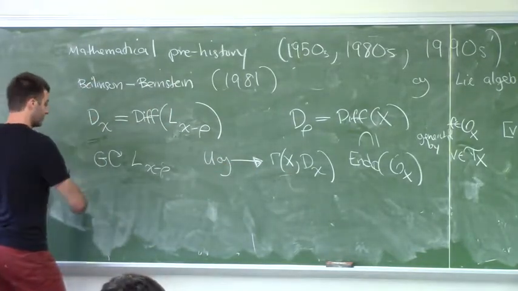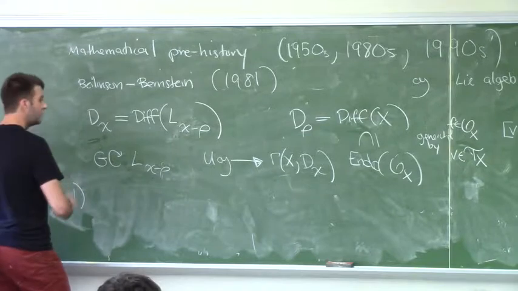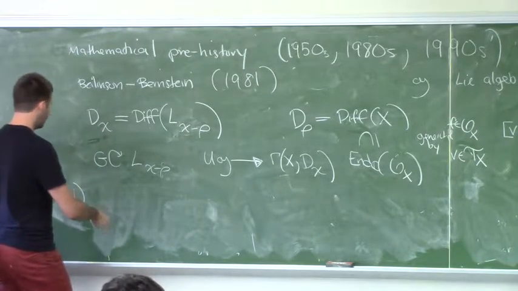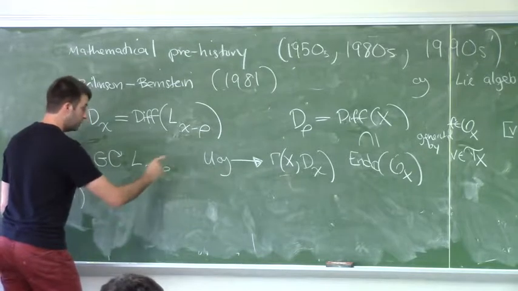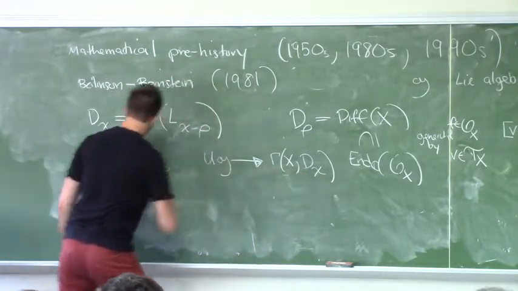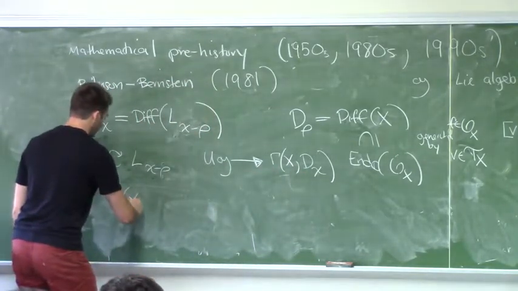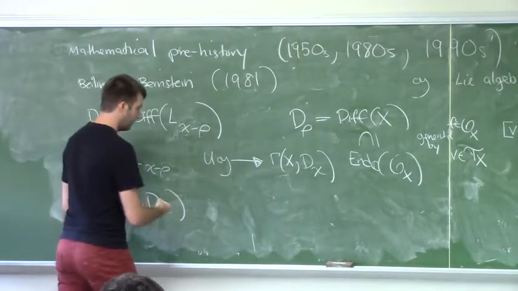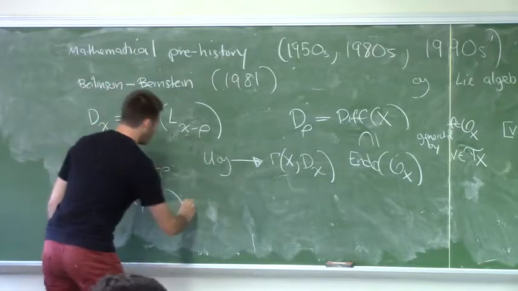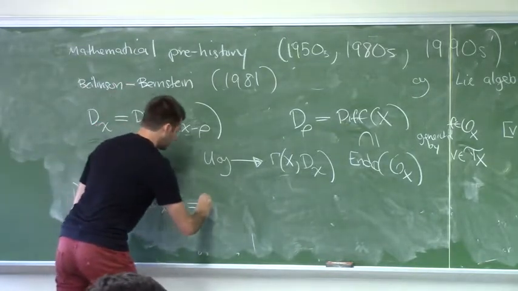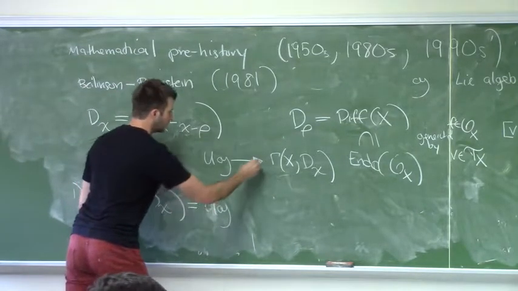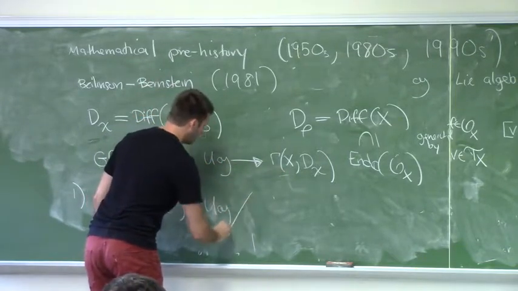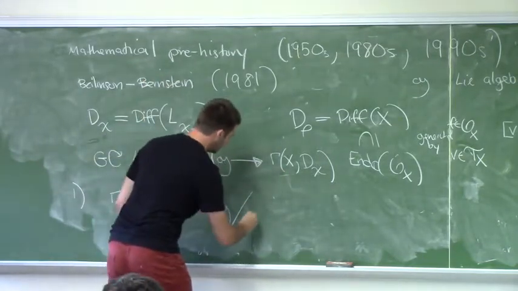Okay, and so now I can start stating the pieces of the theorem. So part number one is that they compute a description of the global sections of this ring of differential operators. And this thing is going to be the whole enveloping algebra. So it turns out that this is a surjection. That's the first bit of this theorem. Modulo the following ideal.